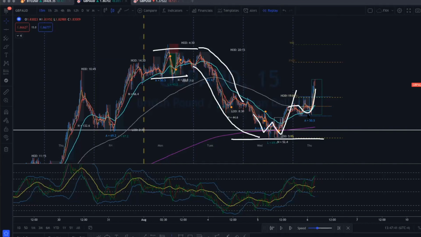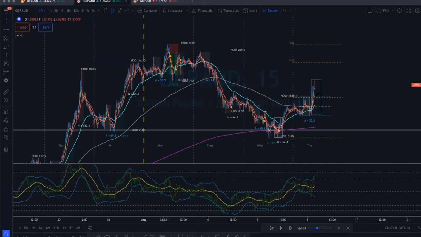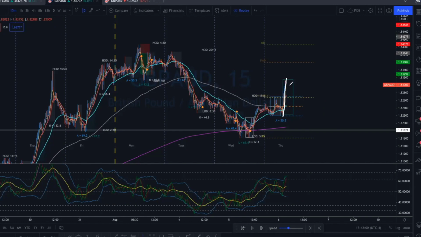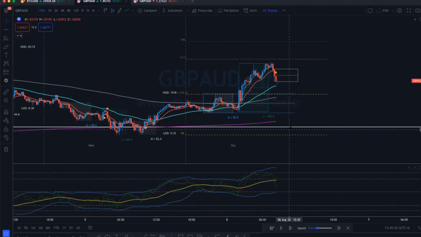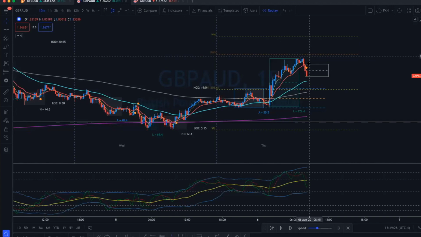And then you get this, where it's like, oh shit, you didn't get a setup here to buy, and price shot straight up. Well, if price shot straight up, then the only option it would give me would be a type 1 sell to take. So there's your type 1.